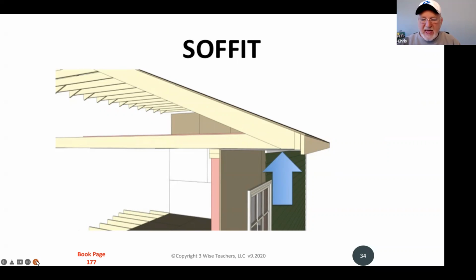If you've ever been up in an attic, you know that it is one of the hottest places in the house, because as heat rises, it can get trapped if there are not ways for it to get out. That's the purpose of the perforations in the soffit. Literally, that was one of my test questions 25 years ago when I took the state exam: name the perforated underside of an eave. Soffit was the answer.